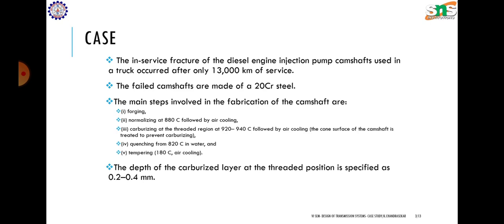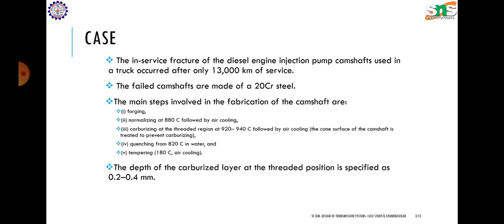The in-service fracture of a diesel engine injection pump camshaft used in a truck occurred after only 13,000 km of service. The failed camshafts are made of, as already told, 20Cr steel.